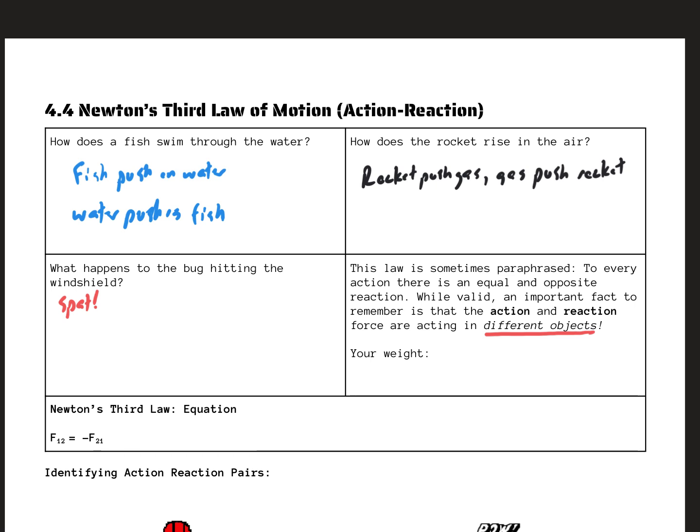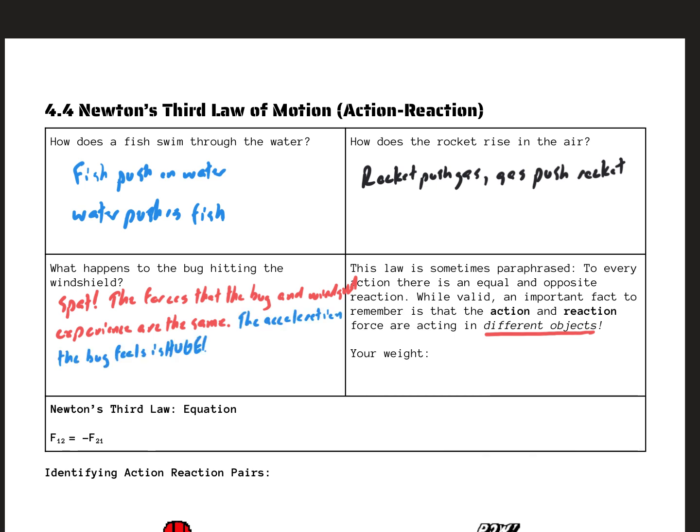So we know that the forces that the bug and the windshield experience are the same. Newton's third law tells me that. But the acceleration that the bug feels is huge, while the windshield is accelerated very minimally. And I want to ask you, why?